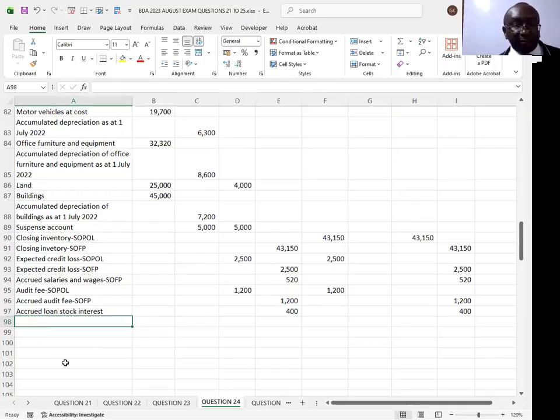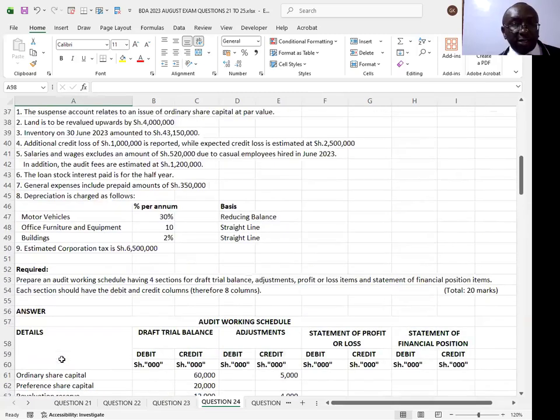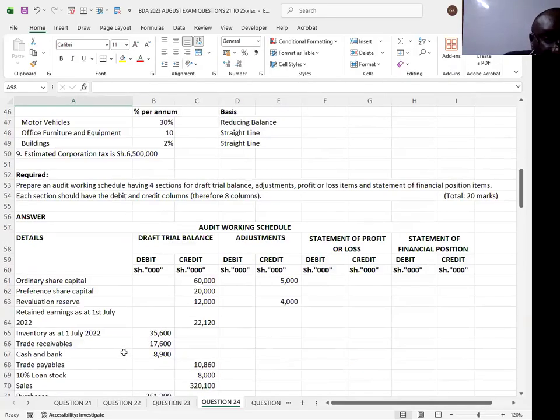When we credit, we proceed. General expenses include prepaid amounts of 350. So prepaid means we have paid, but we have not used. So we have not yet incurred, and therefore it should come to reduce our expenses. So general expenses.